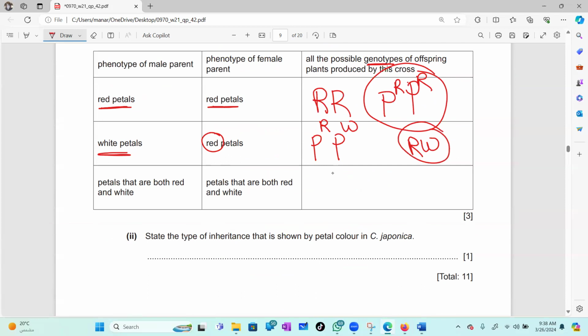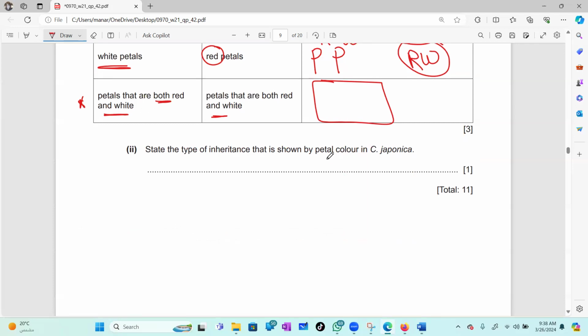Now, petals that are both red and white. So what is the genotype of the parents to get the genotype of the offspring? Both parents are red and white. So what is the genotype of both parents? You just told me. Parents that are both red and white.